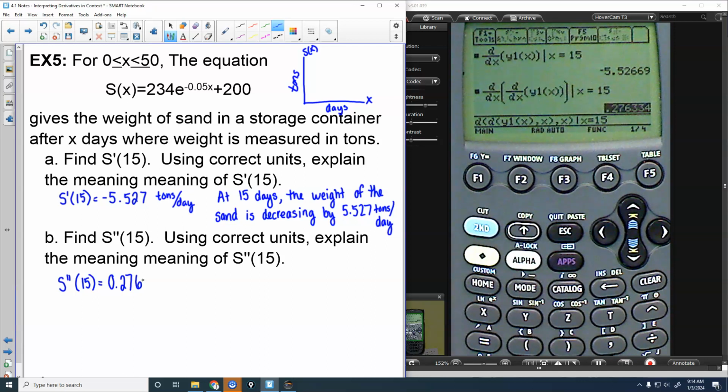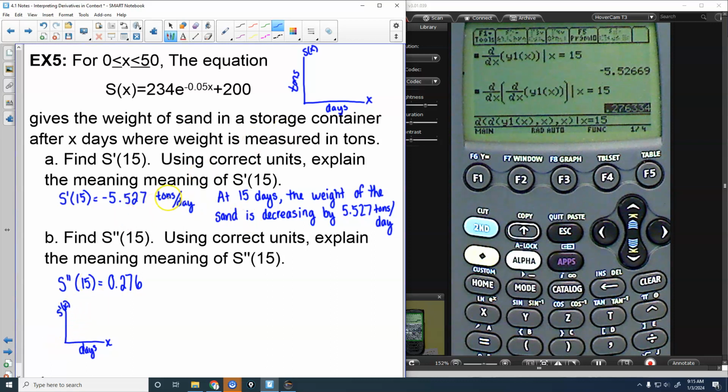So now I think the second derivative is so confusing to think about. Let's think about units for the second derivative. If we're doing that, this is x, this is still days, but this is s prime of x.